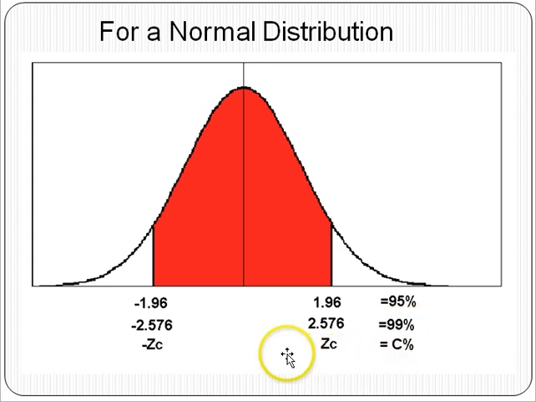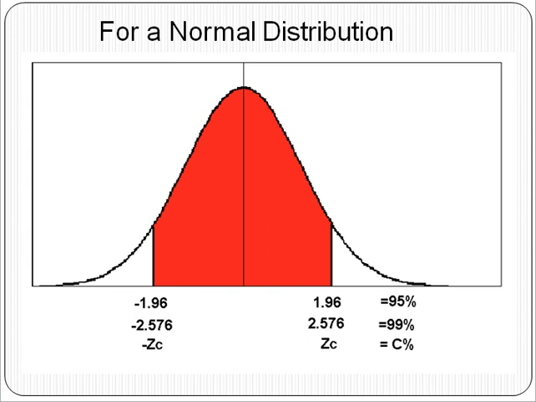In general, if we go up z sub c standard deviations and down z sub c standard deviations, we're going to capture c% of the data. Notice that z sub c depends on what you set as your confidence or percentage. If it's 95%, then this is 1.96. For 99%, 2.576. For 90%, it's 1.645, and so on.